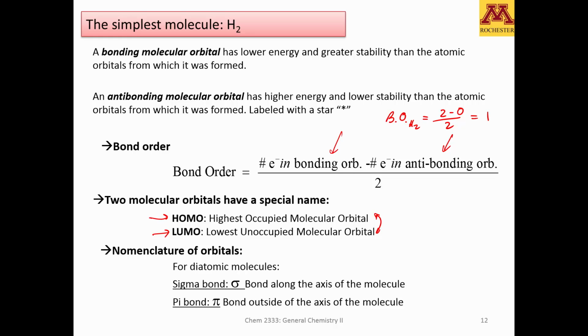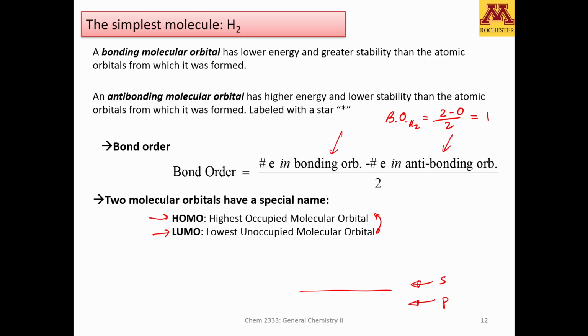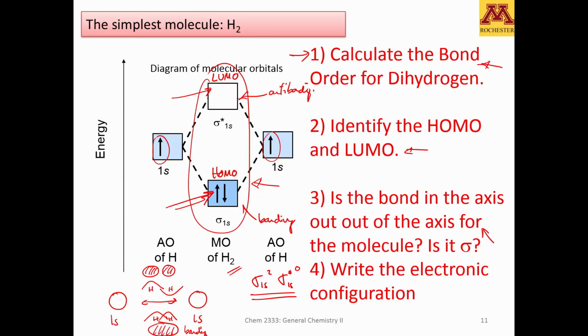And finally, the nomenclature that we already mentioned. If the molecular orbital has density along the axis of the molecule, we call that molecular orbital sigma, which is the Greek letter for S. And if the molecular orbital has density outside of the axis of the molecule, we call that a pi bond, which is the Greek letter for P. All right, so just making sure, identify the HOMO and the LUMO.